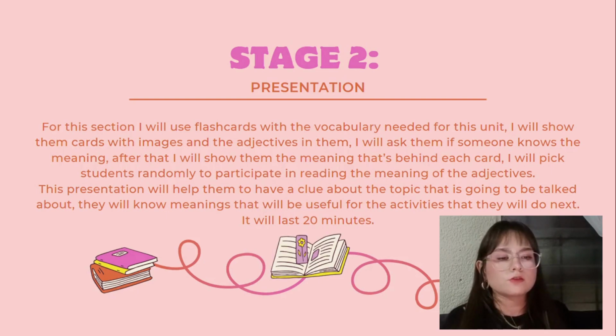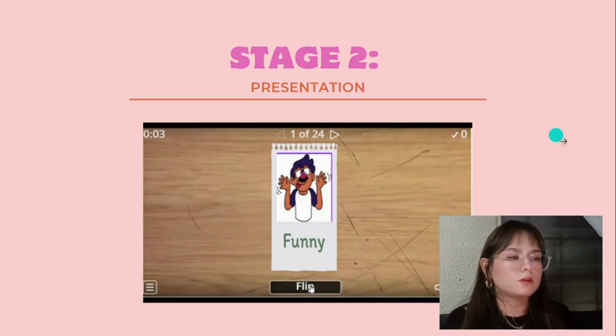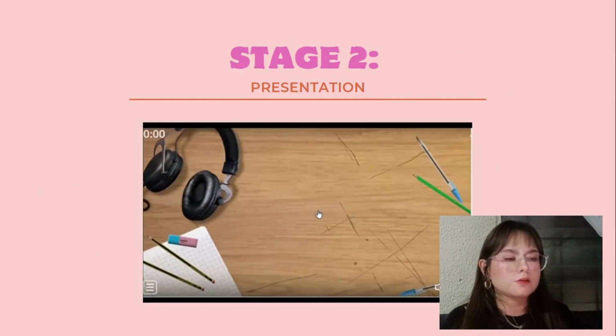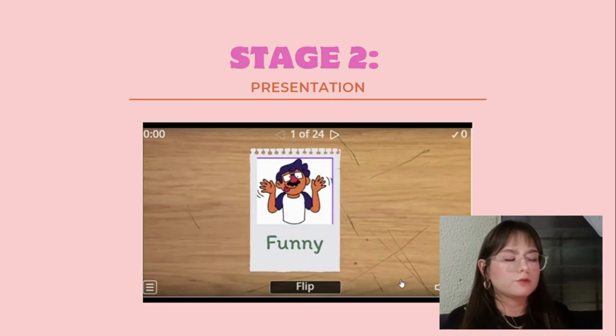This presentation will help them to have a clue about the topic, and they will know the meaning that will be useful for the activities that they will do next. This activity will last 20 minutes. Here I have a little example about it, and these are the flashcards I am going to use.